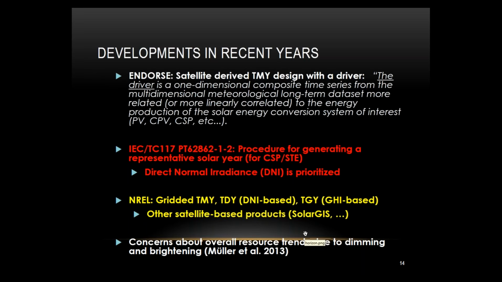And in areas like North America and Europe, where we've gotten less pollution during the last 30 years, we see brightening. And of course that makes an issue. If you use a 30-year data set from the past to make your meteorological data sets, then this will have less resource if you had brightening during this period than what you currently have. So some people have said that then you should use a shorter data set, perhaps only 10 years. But this is an ongoing discussion.